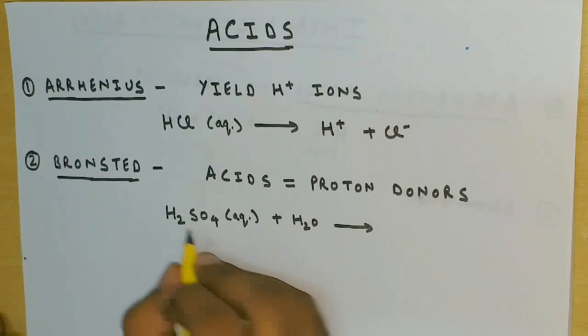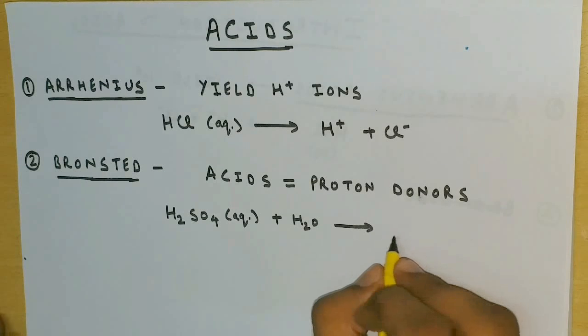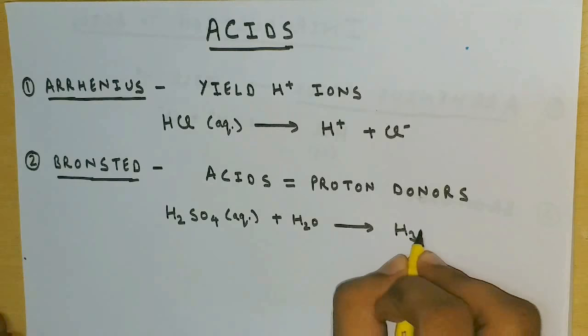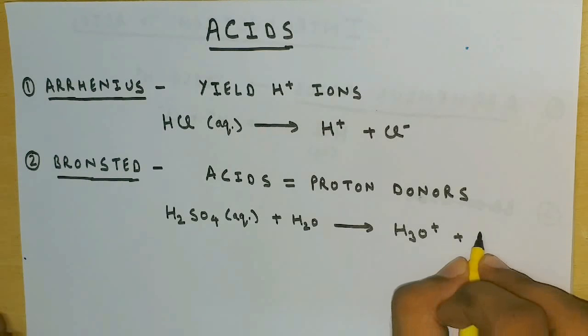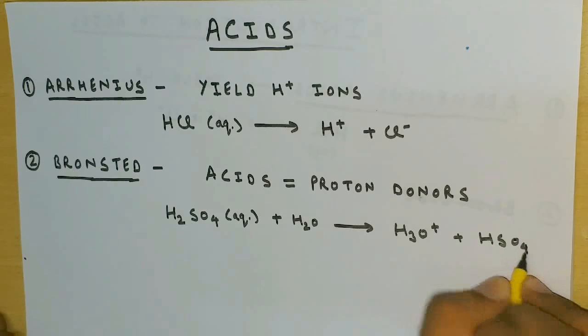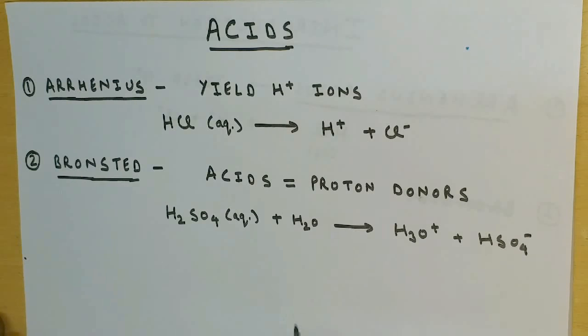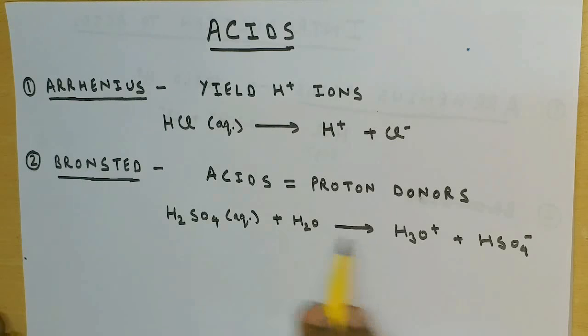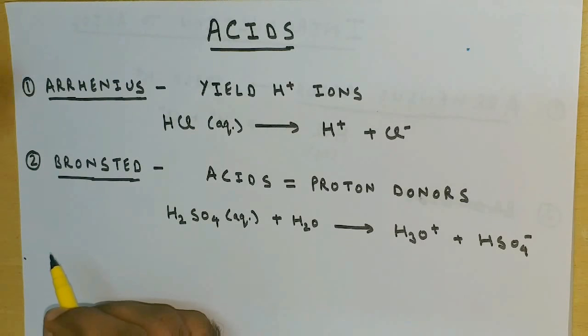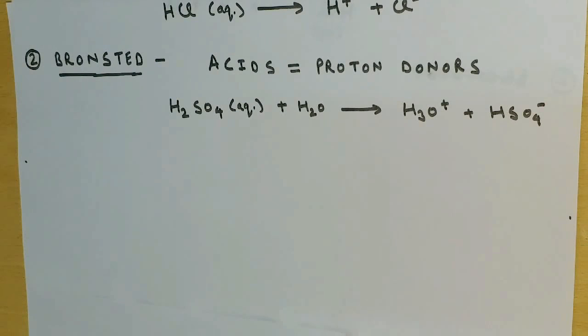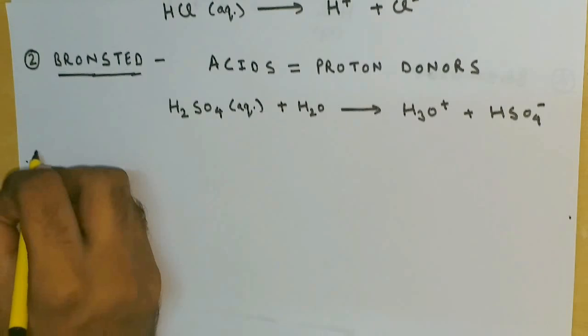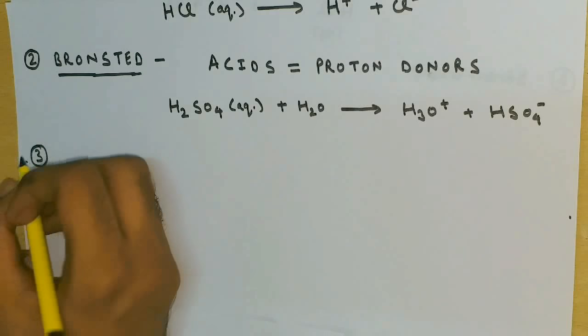So the products would be H3O plus and HSO4 negative, which is its conjugate base. So H2SO4 is a Bronsted acid. This is another simple definition and more general than the Arrhenius definition of acids.